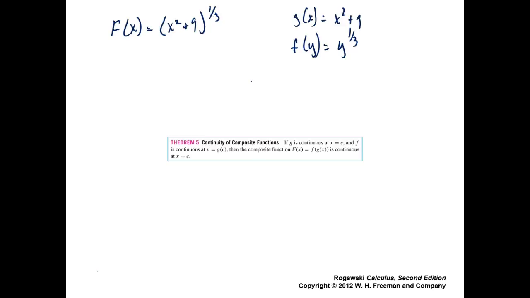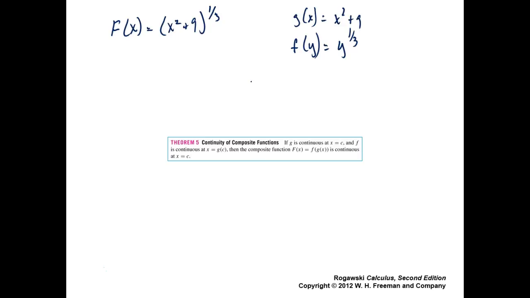You can't take the square root of a negative number, but the cube root is also a continuous function everywhere. And it's also a one-to-one function everywhere. When you take the cube root of a negative number, you get a negative number. Cube root of 0 is 0. Cube root of positive is positive. Never backs up on itself. So that is a one-to-one. Now, they don't say anything about that, but that's what it is.